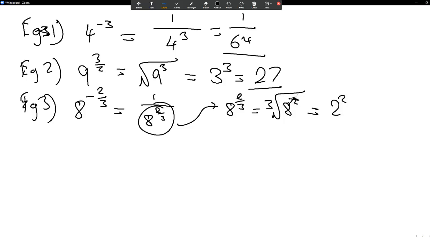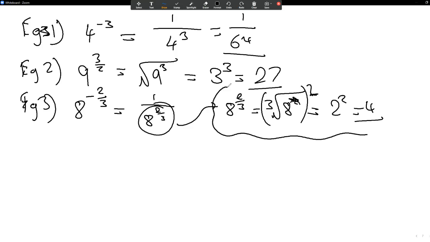In fact, a better way to write this would be to square the whole thing, so you never get mistaken on what to do first. You always root first and then you square after. So you cube root this and then you have 2, and then 2 squared is 4. But remember, that's not our answer because it's 1 over 8 to the power of 2 over 3, so we put this in a bubble, and we get 1 over 4.